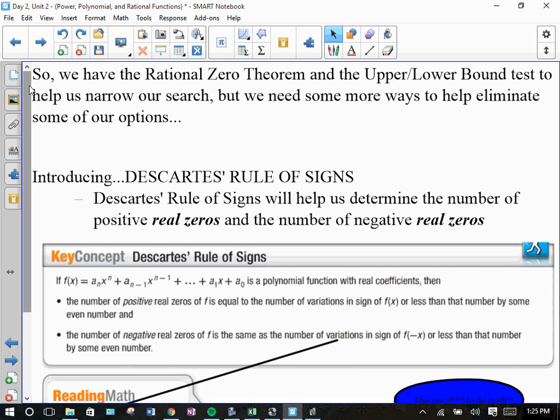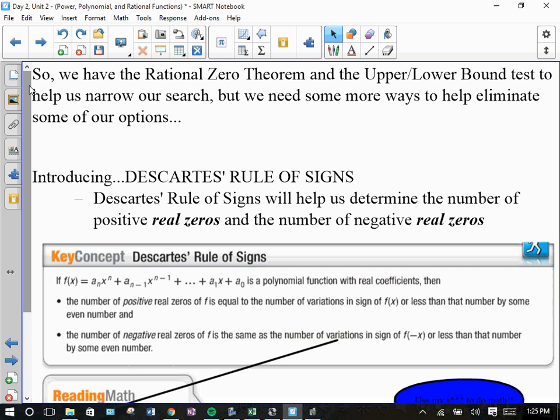What does the rational zero theorem allow us to find? Okay, which are our what? Those are called something. They are our possible what? I'll give you a hint: it's in the name of the theorem.